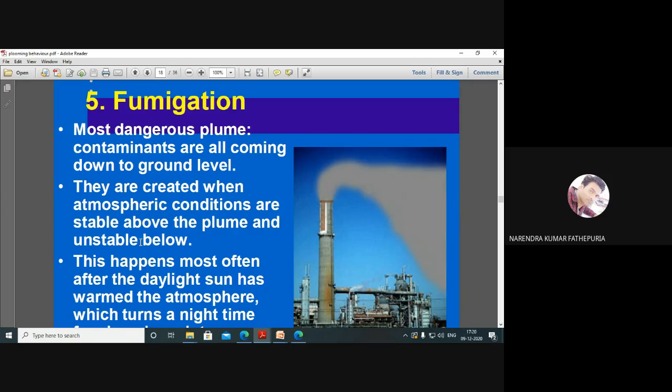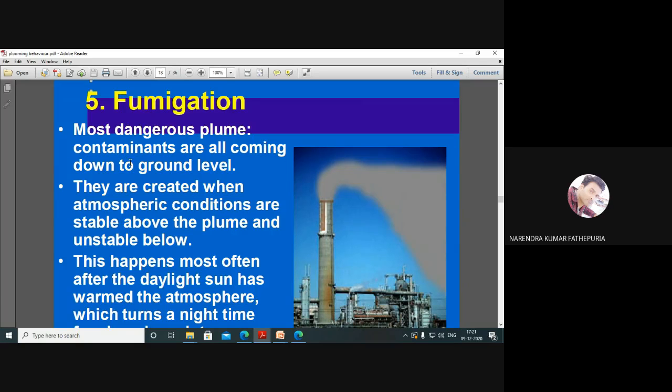ESR questions also they ask. They can ask the combination of plume behavior as well as plume behavior with respect to ESR, ELR as well as the ALR, that you have to compare. I have one slide where I have accumulated everything that is good for you. I will come to that later, once you understand everything.